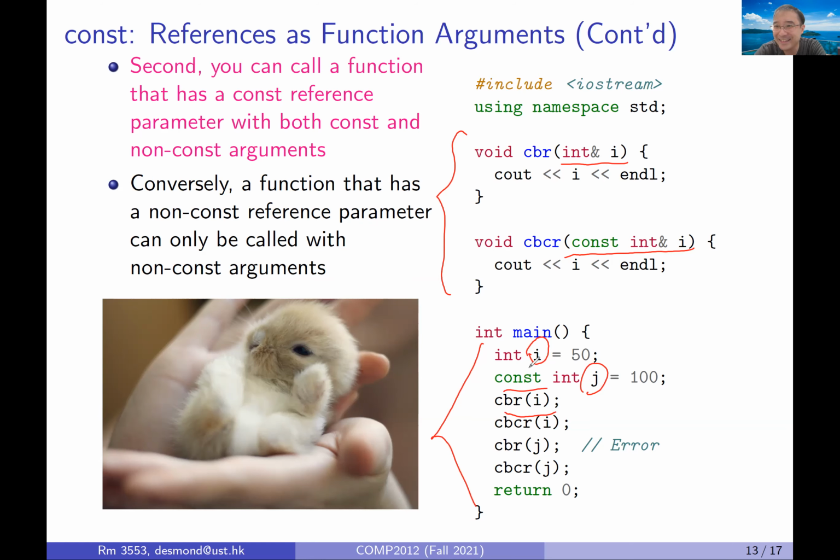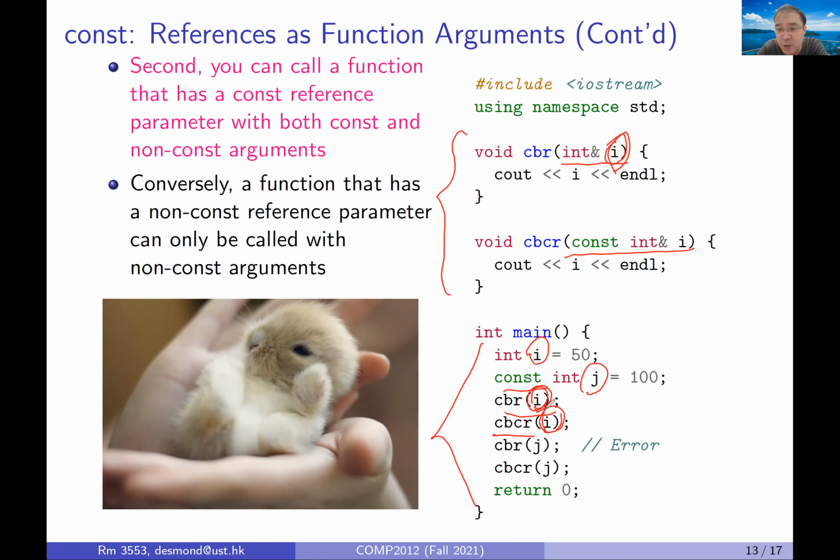CBRI. Can we pass something non-const to something non-const? Yes. Why? Same level of protection. Now, pass I to CBCR.